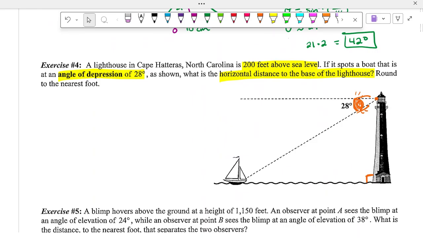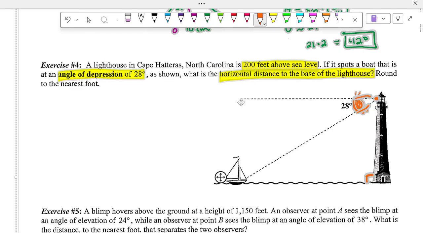Now, it's pretty easy to figure out, because all you would do is draw another line, and then you have two congruent triangles. How do I know they're congruent? Well, what's true about this line here to the water? What do you think? They're parallel.